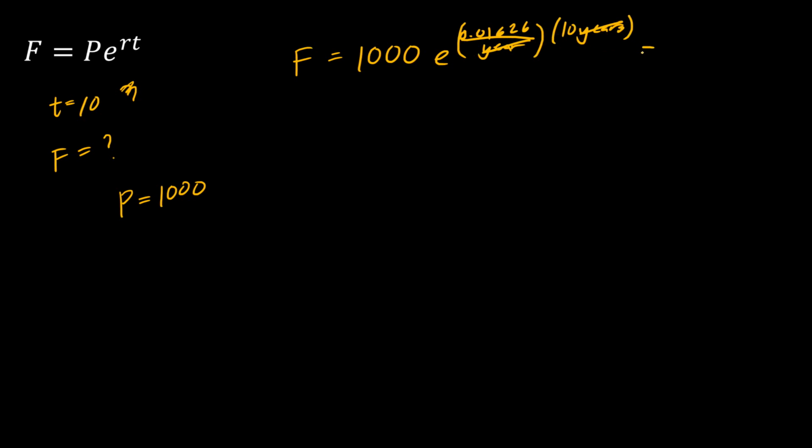Once we know r, this allows us to estimate the population in the future. In this case, the population 10 years from now is going to be approximately 1,176. There's no half population, but this is just an estimate.